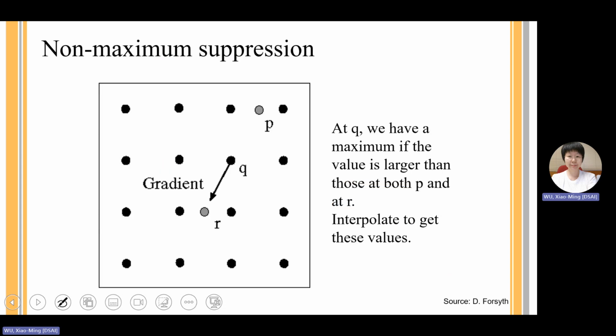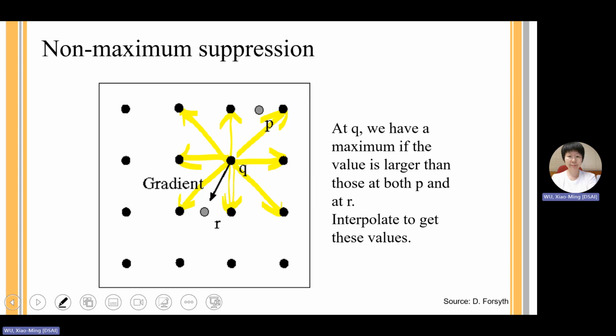As we explained last time, we can do the suppression along the rounded gradient direction because an image is discrete and there are only 8 angle directions over the image.